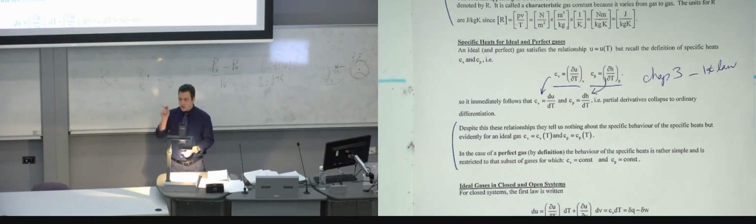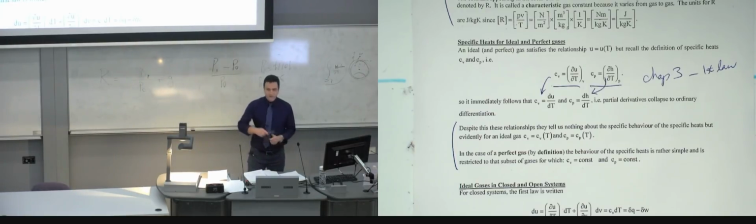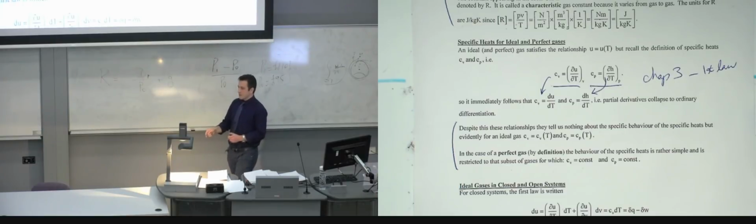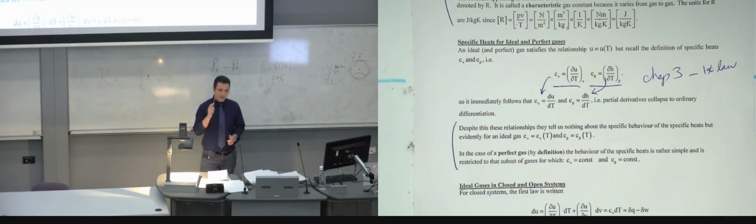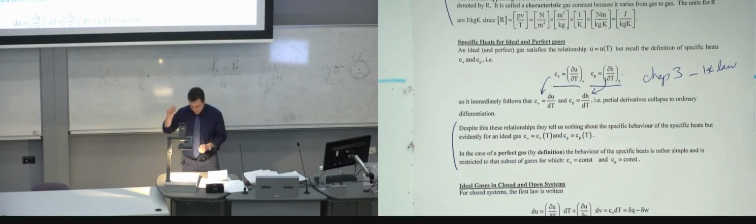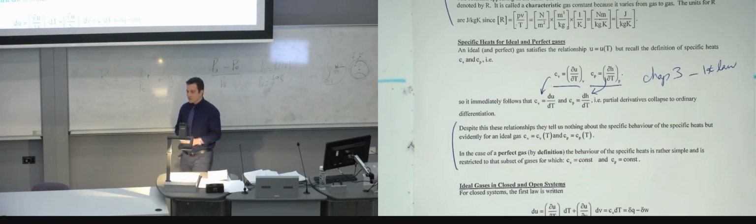And the difference between ideal and perfect, and remember this, is in the way that we define the value of CV or Cp. If the value of Cp or Cv is a function of the temperature, then you're dealing with an ideal gas. If the value of Cp and Cv are constant, equal to a certain number, then you're dealing with a perfect gas, which means a perfect gas is actually easier to deal with.